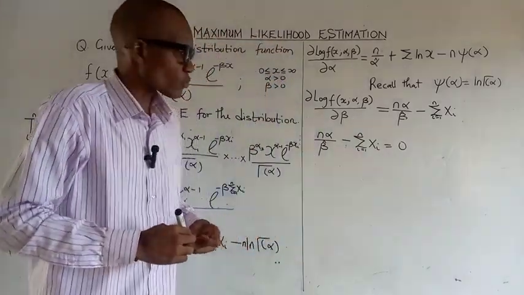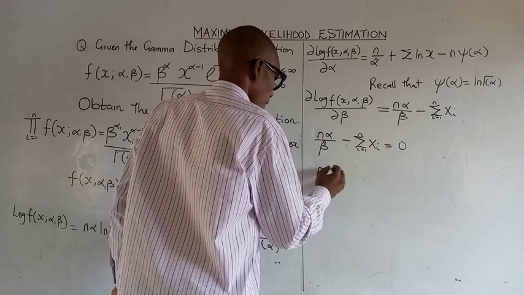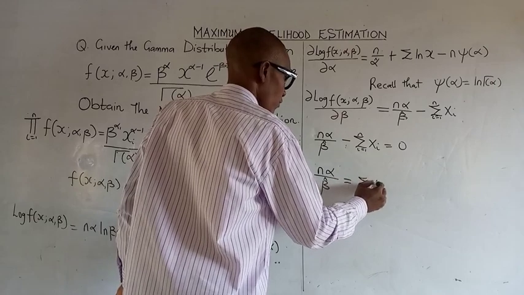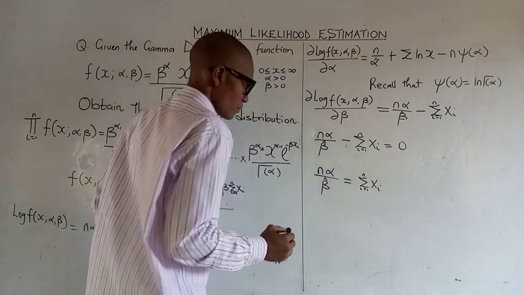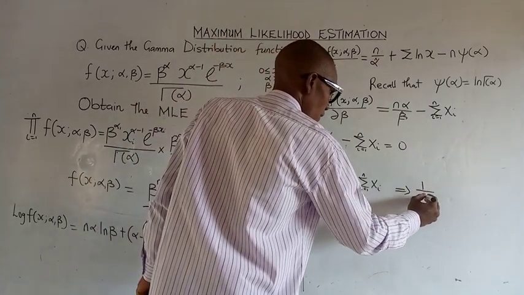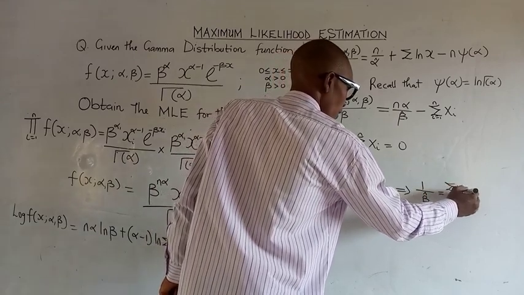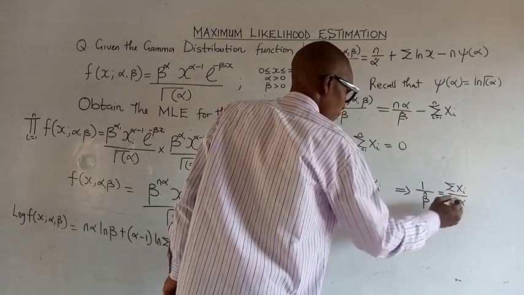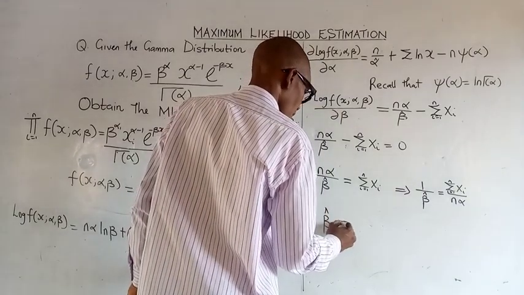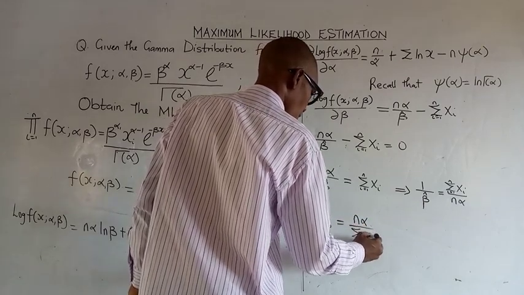So if we equate this to 0, this is what we get, which implies that n alpha over beta estimate will be equal to summation of xi's. It implies that 1 over beta estimate will give us summation of xi's all over n alpha. So the beta estimate in this case will give us n alpha all over summation of xi's.